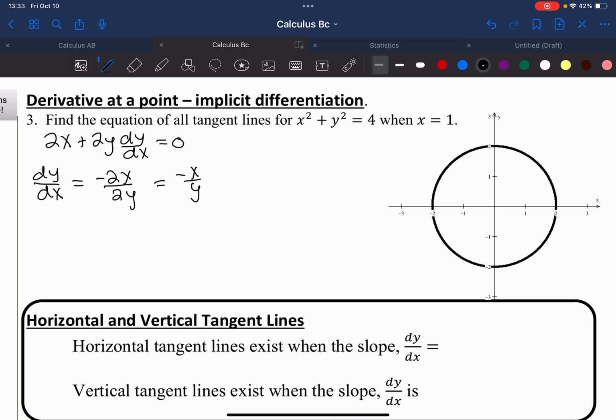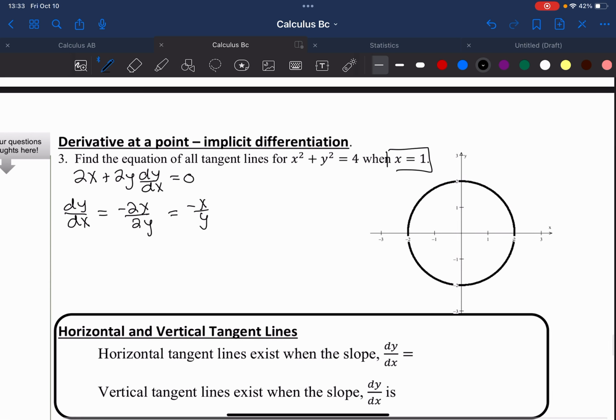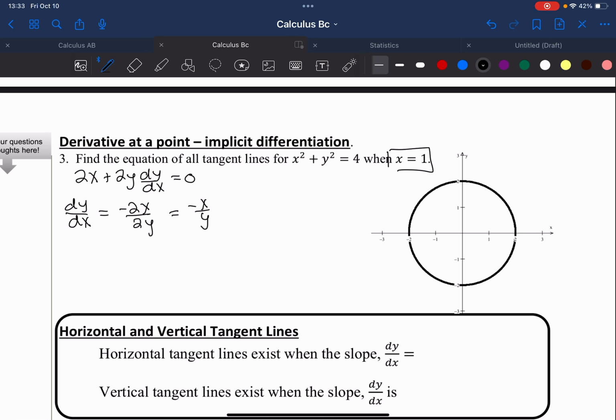Once I find that, then I'm going to have to figure out what my y value is, because I know that x is equal to 1. So in order to find my y value, I'm going to plug that into the equation. So 1 squared plus y squared is equal to 4. So y squared is equal to 3, which means y is equal to plus or minus the square root of 3.